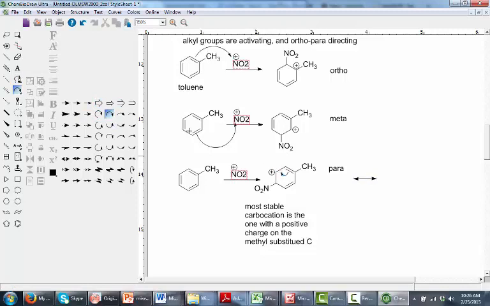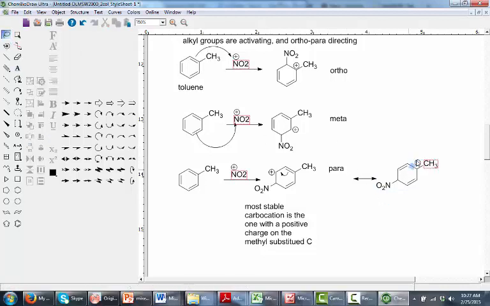So here I can draw a resonance form. For this para substituted group, if I just do a different resonance form here, I can move the positive charge onto that carbon, and that works out well to give me the positive charge now in the most stable position.